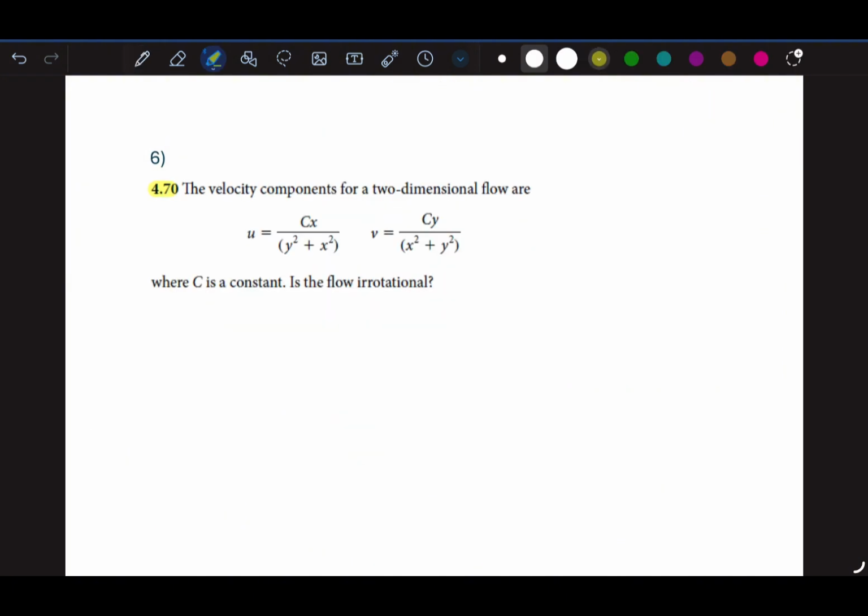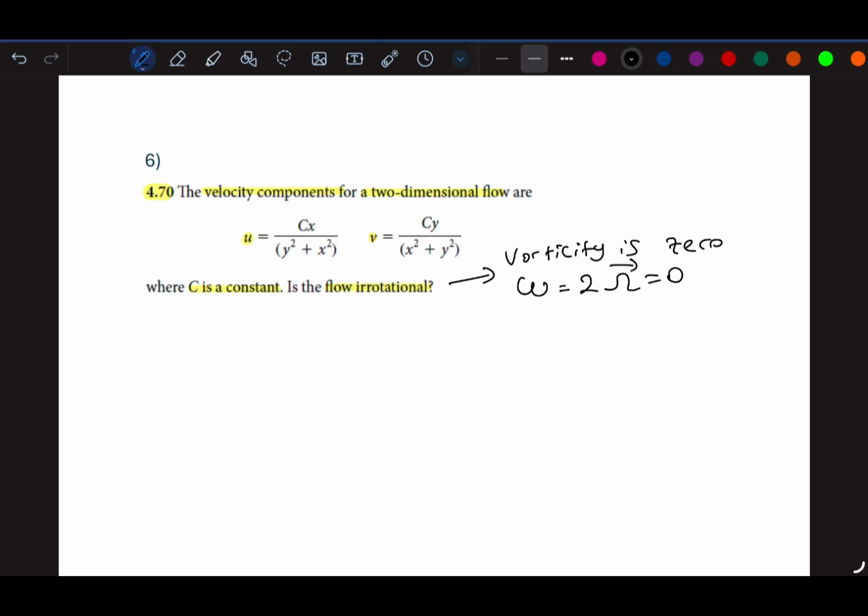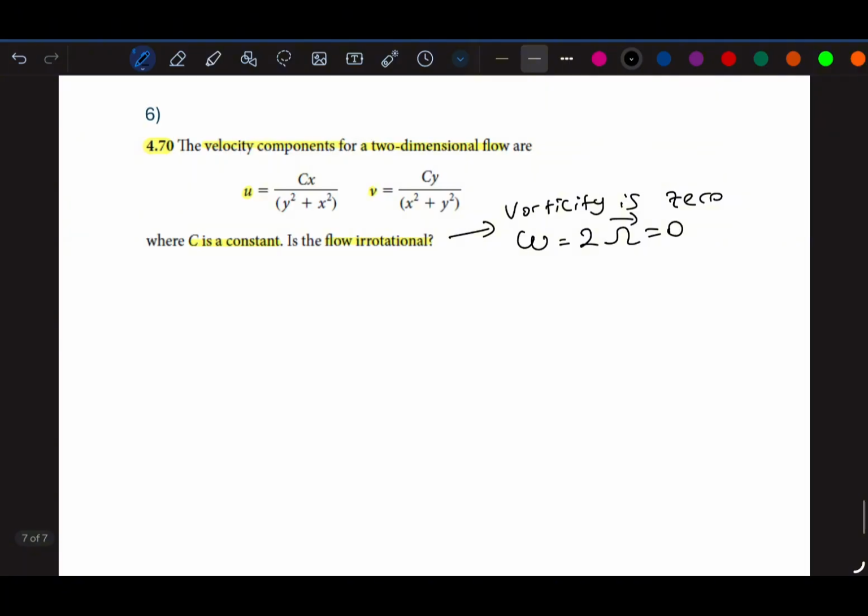Okay, the last question is 4.70. The velocity components for a two-dimensional flow are u and v as they are given, where c is a constant, and we need to determine if the flow is irrotational. From your textbook you can find this information. When the vorticity is 0, we get an irrotational flow.